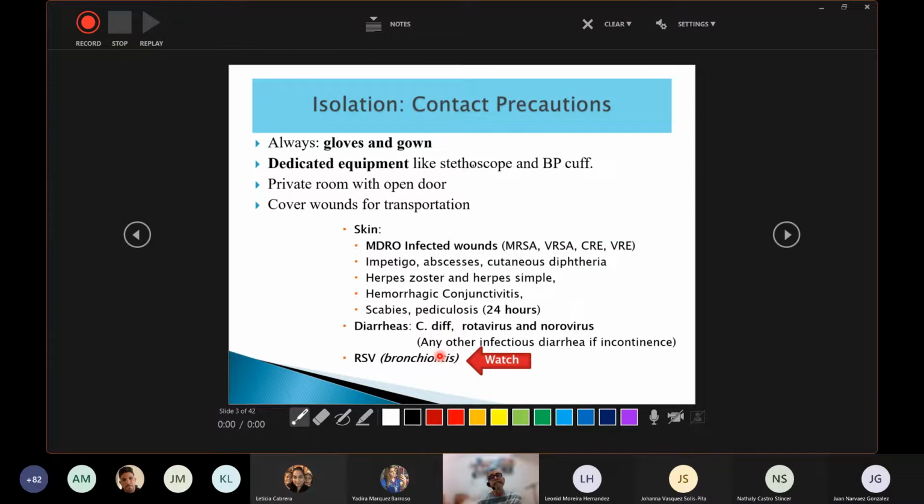The other diarrheas, for example E. coli, Salmonella, Shigella, those other bacterial diarrheas, require contact only if the client is incontinent, because the majority of the clients are continent, and you know what is continence, no? Then there is no need of isolation in contact precaution. So that's why I say any other infectious diarrhea is contact if the client is incontinent.